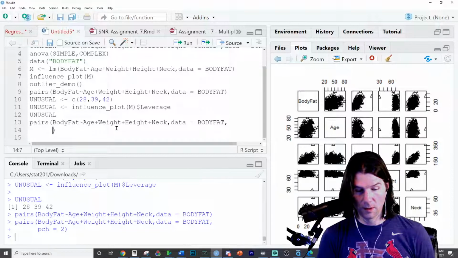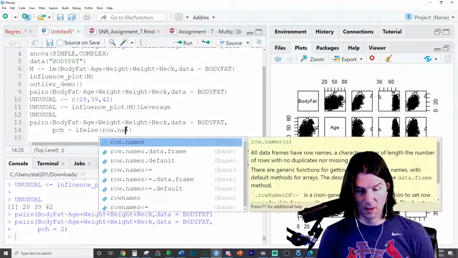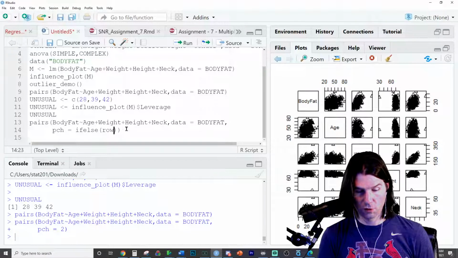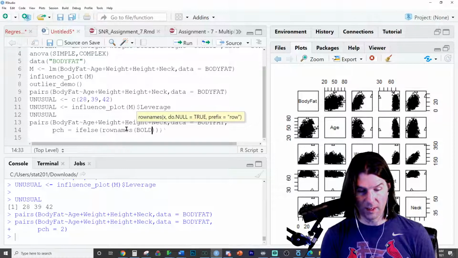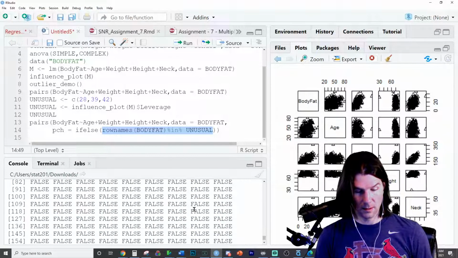So PCH equals ifelse row.names of bodyfat are contained in unusual. Let's see if this runs. Gotta make sure I have all my parentheses right. Good, that ran.